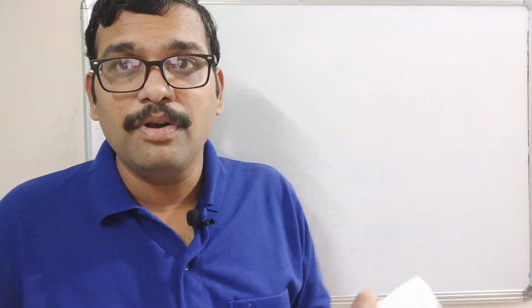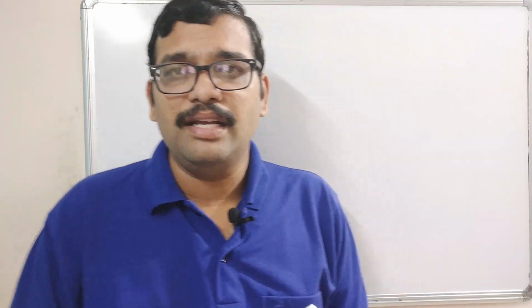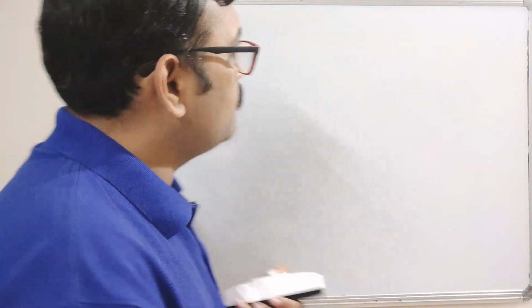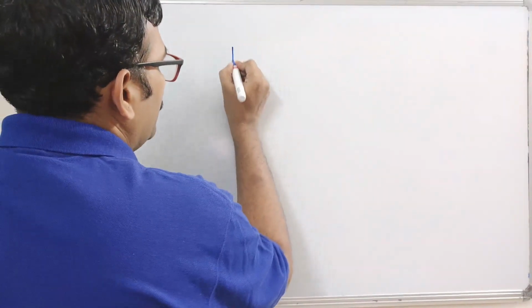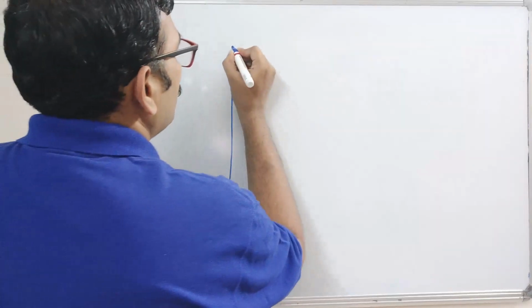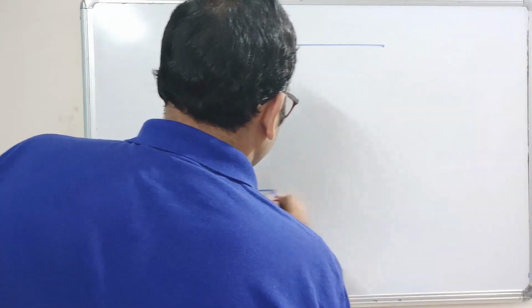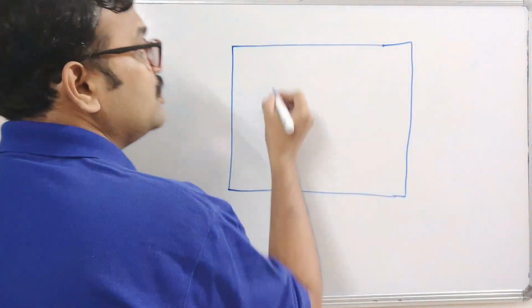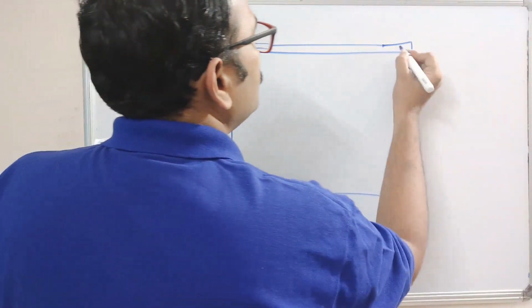We'll create multiple frames in a web page, and in each frame we'll load a separate HTML file with different hyperlinks. So we'll create the web page in such a way that, let us take a web page here. This is a web page.